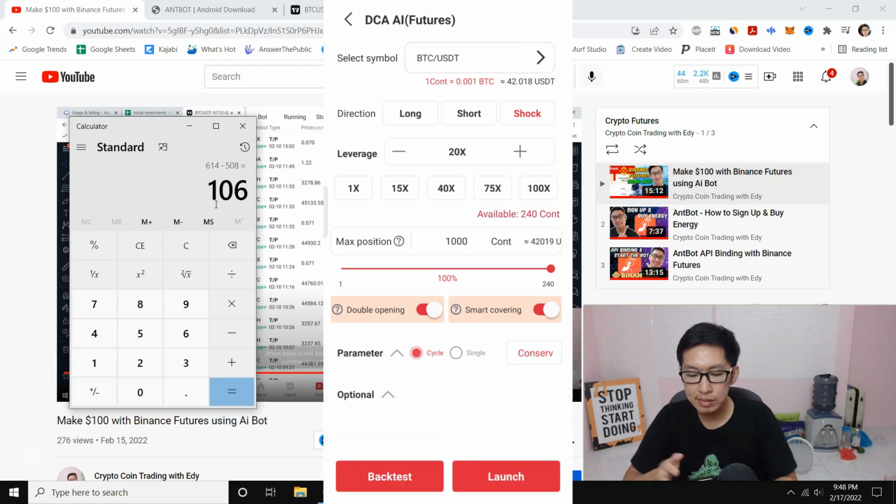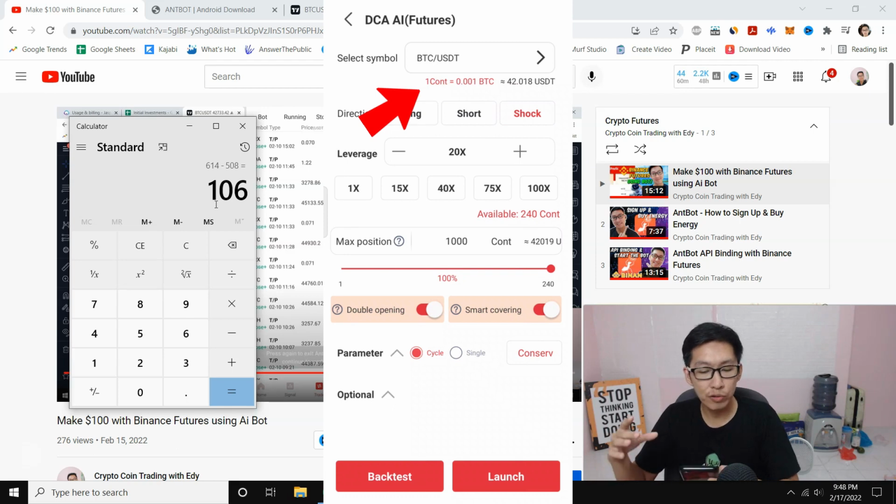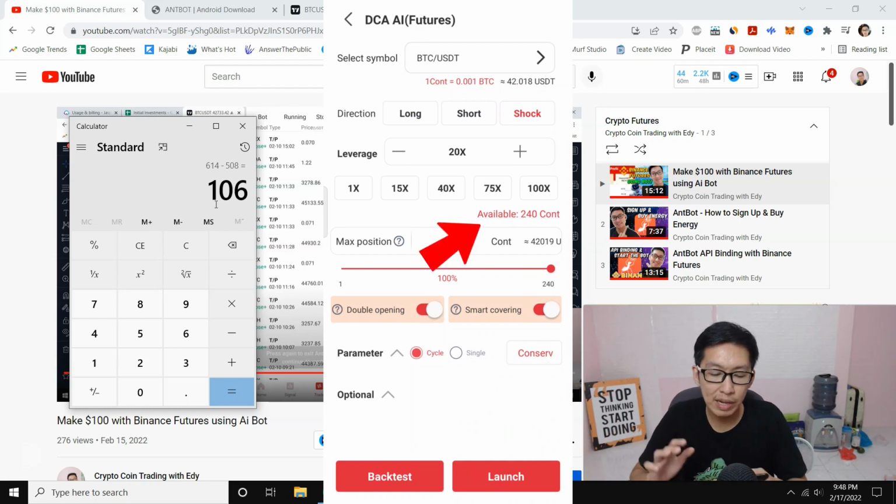Now if you see these red words, it says 1 CONT. It means 1 cont is equal to 0.001 BTC, and that is equivalent to 42.018 USDT. So now you can see the available cont, which is what I have, is only 240.